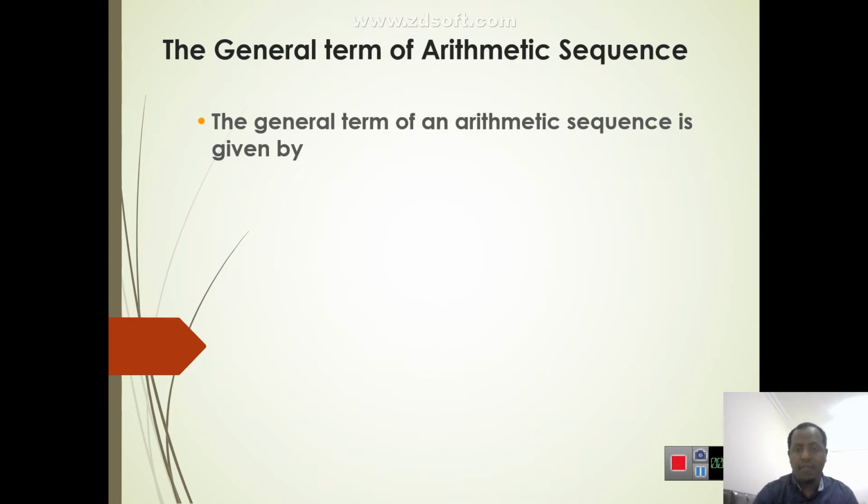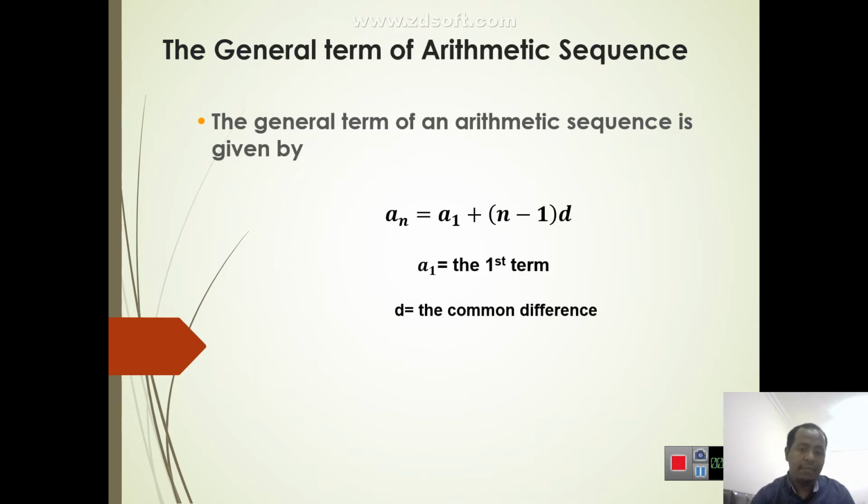The general term of an arithmetic sequence is given by a sub n equal to a sub 1 plus n minus 1 times d, where a sub 1 stands for the first term and d stands for the common difference. This is a very important formula for finding the nth term of any arithmetic sequence, so you have to keep it in mind. Now, having said this, let's go to example 2.